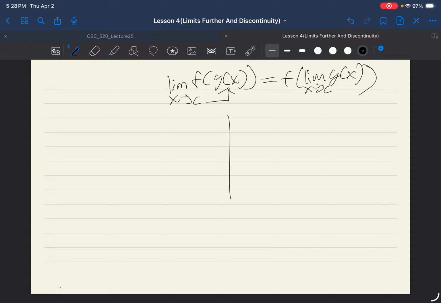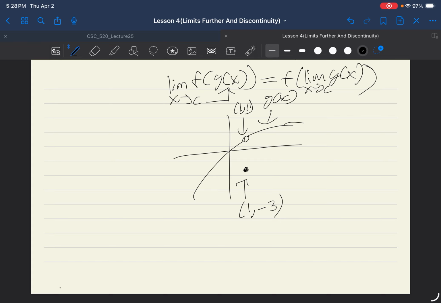So for example, let's say you have this particular function, g of x. Let's say this point is going to be 1, 1. Let's say this point is going to be 1, negative 3. And obviously, remember that we are not going to use the point where f of 1 is defined. It does not have to be continuous.